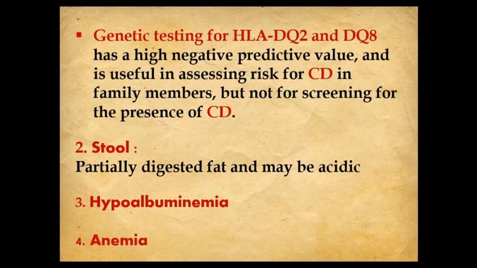And anemia, and we mentioned that the anemia could be iron deficiency anemia or folate deficiency anemia or B12 deficiency anemia. All types of anemia could happen. So according to the blood film, we can check the type of the anemia.